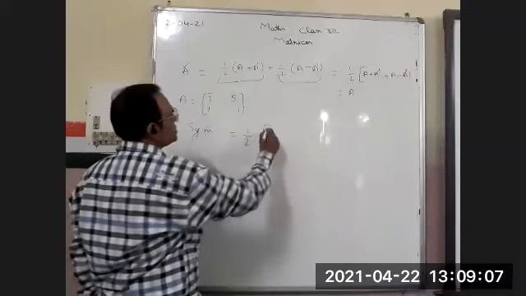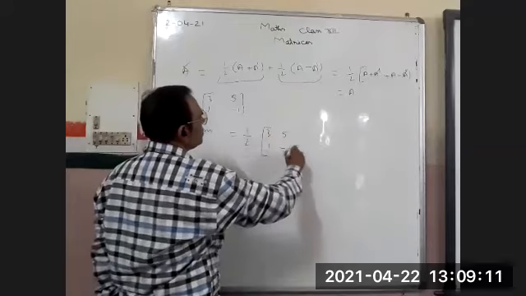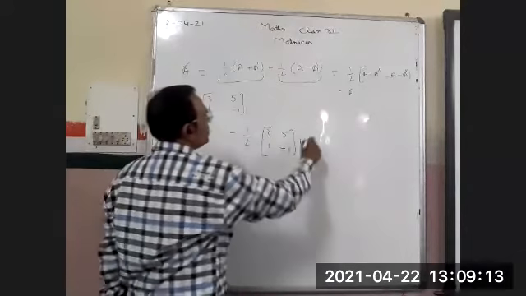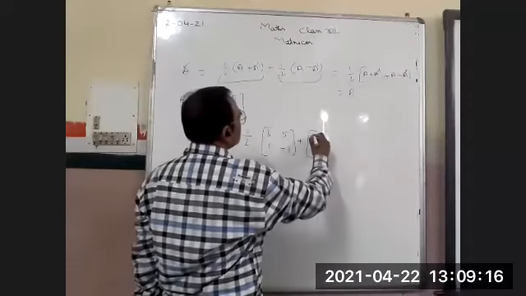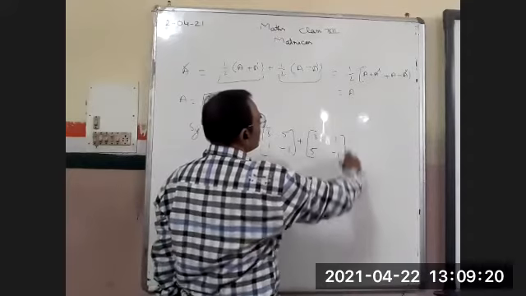You have to find out A plus transpose of A, 3 5 1 minus 1 plus its transpose, as I have done earlier.